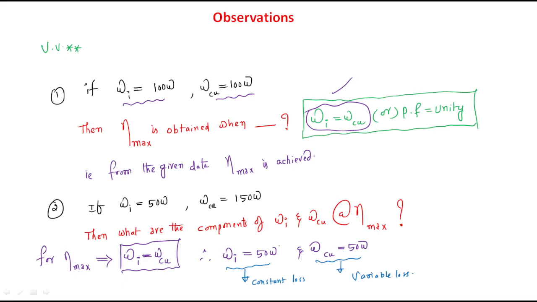Then only we are going to get the maximum efficiency. Therefore, this is the data. Iron loss component is 50 watts. Copper loss component is nothing but 150 watts. So, what are the components of iron loss and copper loss at maximum efficiency?